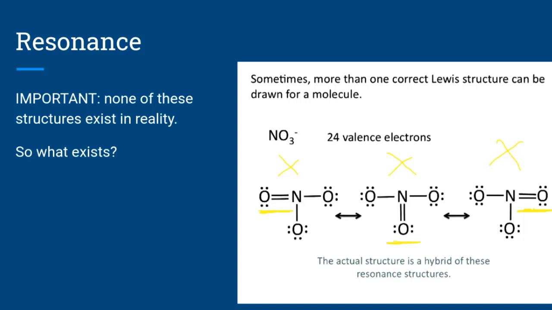Since each of these three oxygens can be picked to have a double bond, they all kind of share this double bond. That one double bond is equally distributed between all three of those bonds. So you can think of it as one double bond being equally distributed between three different bonds.